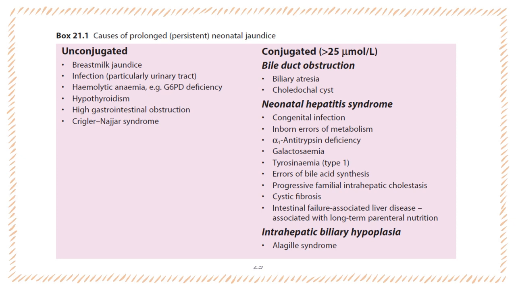The second point you have to remember is the types of bilirubin, unconjugated and conjugated, and why unconjugated bilirubin is very dangerous. And thirdly, what the red flags are for non-physiological jaundice, or how we can safely classify a patient as having physiological jaundice.